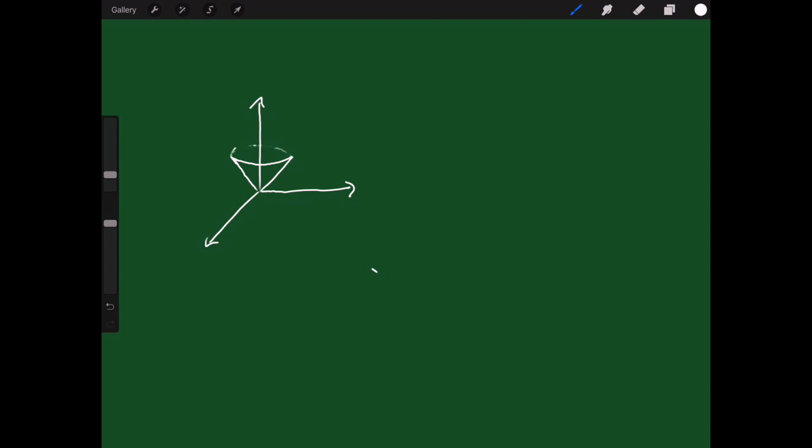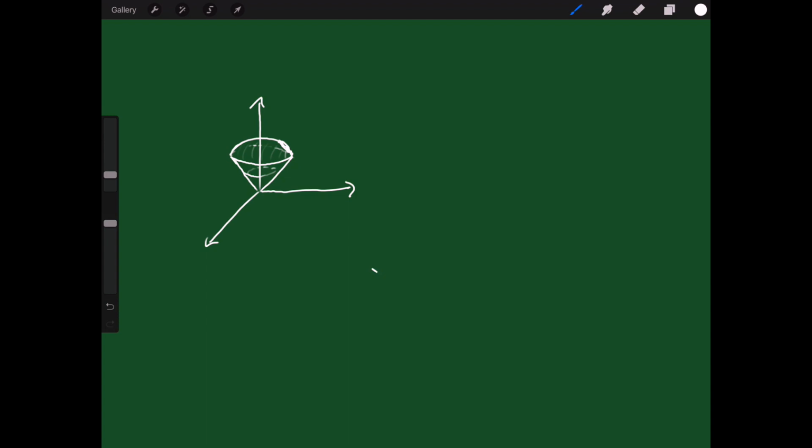You might think this looks like an ice cream cone: the cone part down here, and the ice cream up here on top.